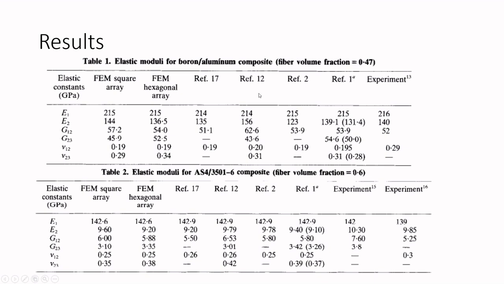It also gives a low value in the references in the earlier simulations, but in experiment it gives a little bit higher value. Here also this is comparable in this AS4/3501-6 composite. This is comparable. So thank you very much.